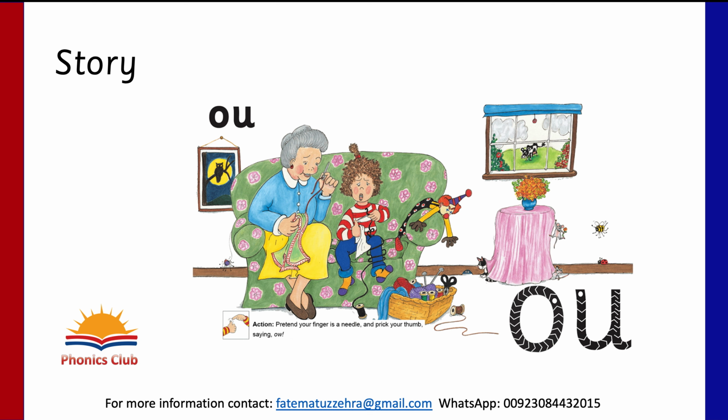For such sounds we can use the same story given in the Jolly Phonics teacher's guides, and the children can pretend that the baby girl has pricked her finger with a needle and is saying ow, ow, ouch. And they can see the clouds over here, and here's a clown, and a cow.